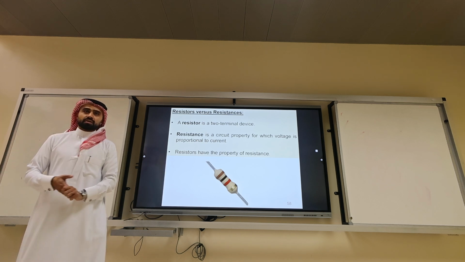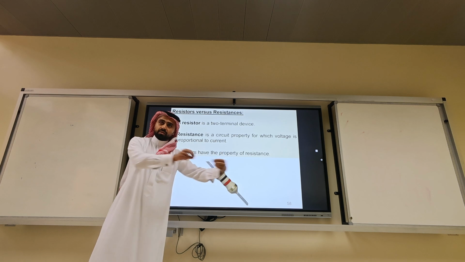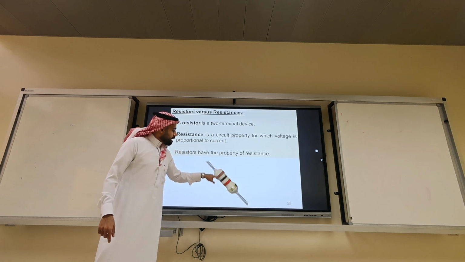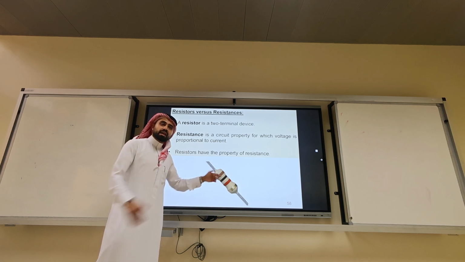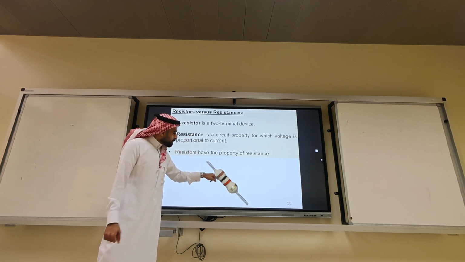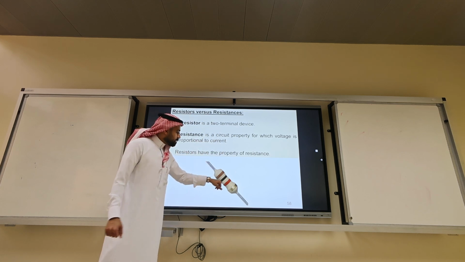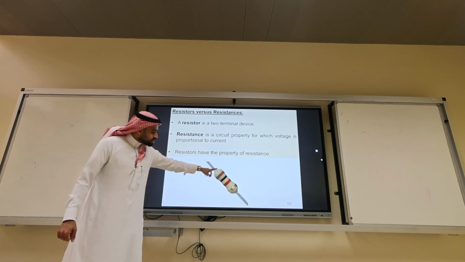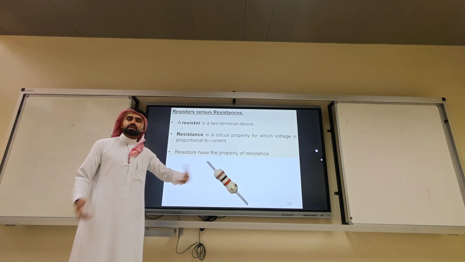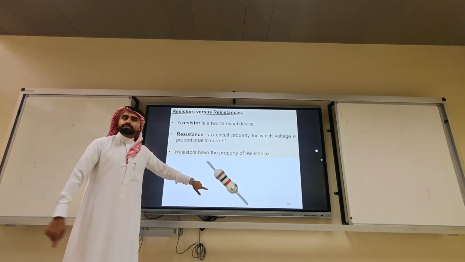Understood? And the colors here in the lab mean there is a map that tells you if it's brown it means multiply by 2, black multiply by 100, red, whatever. So the colors tell you the value of the resistance based on the color strips, okay?